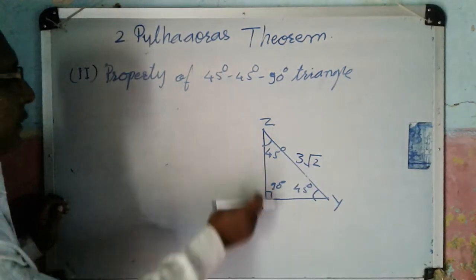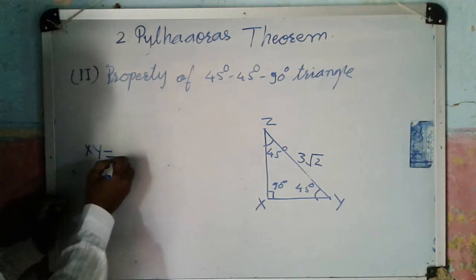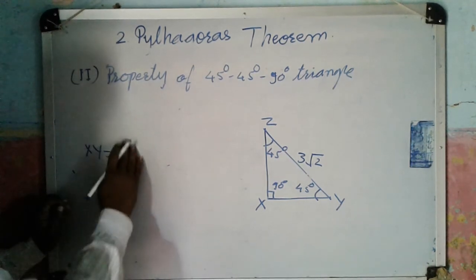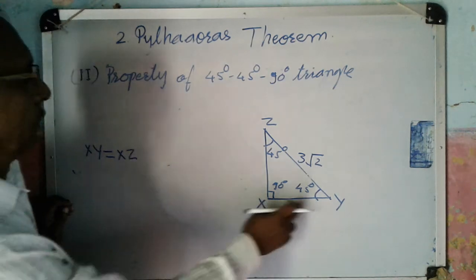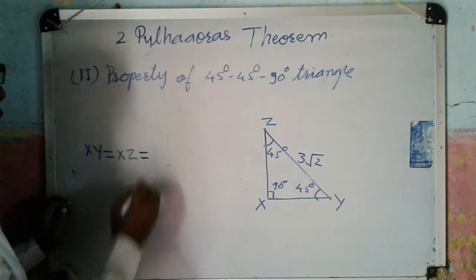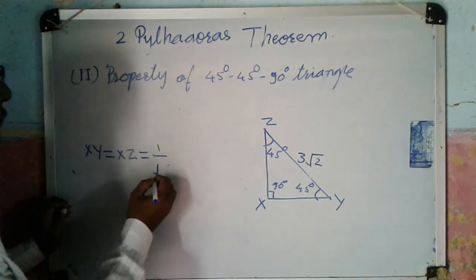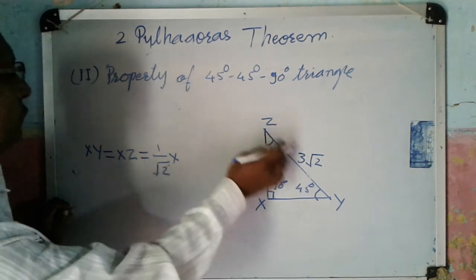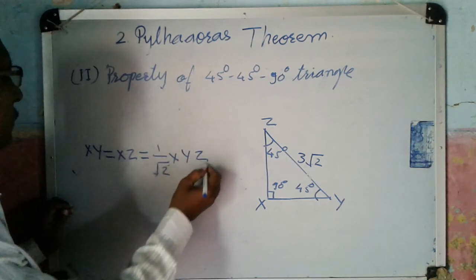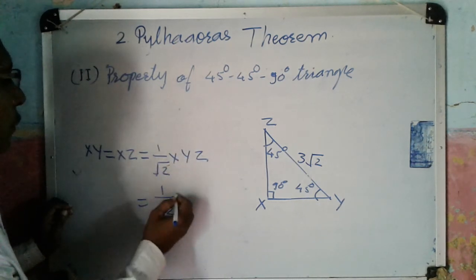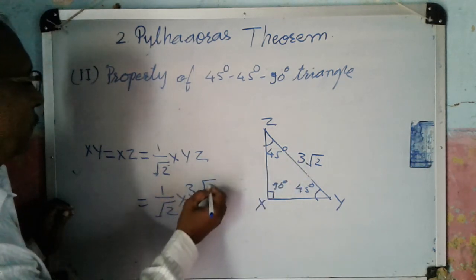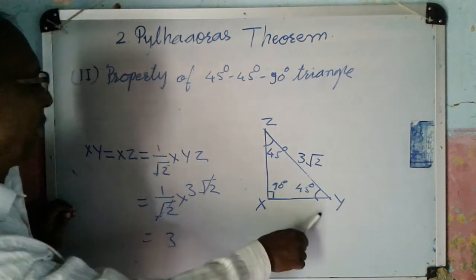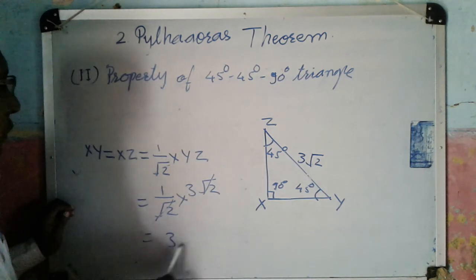According to the property, XY is equal to XZ, which is equal to 1 upon root 2 into the hypotenuse. So 1 upon root 2 into 3 root 2, the root 2 gets cancelled, and we get 3. So each side, XY and XZ, is equal to 3.